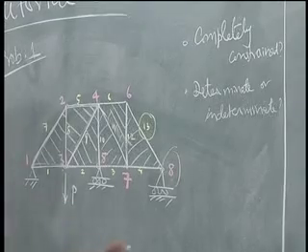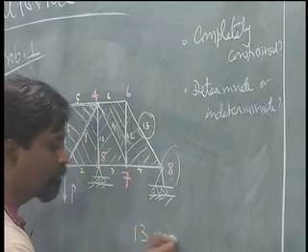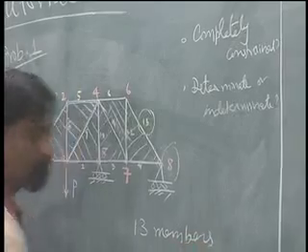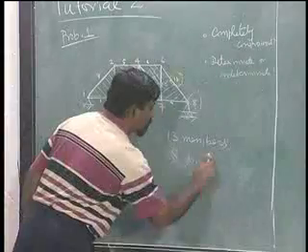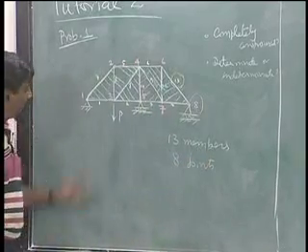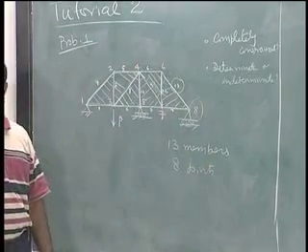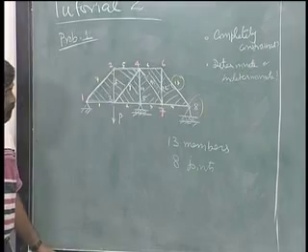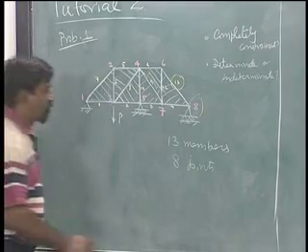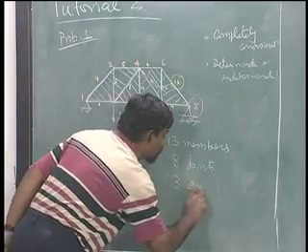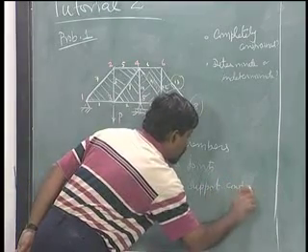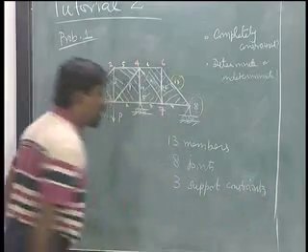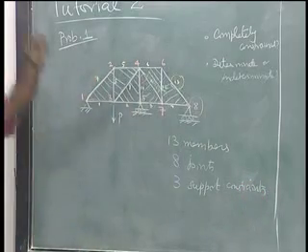For example, here there are 13 members shown and there are 8 joints. Of course, there are 3 support reactions, right. I can call these 3 support constraints.